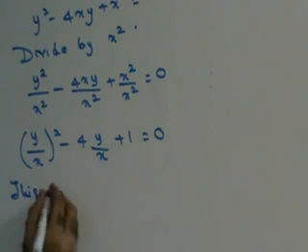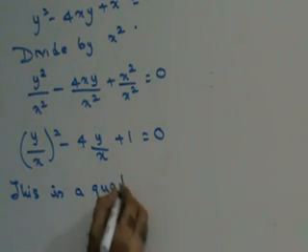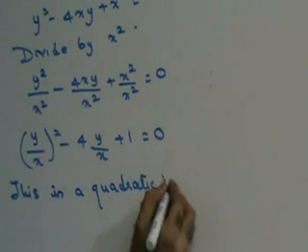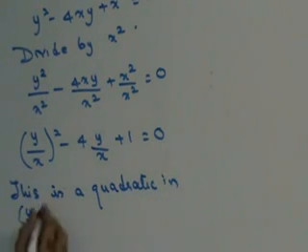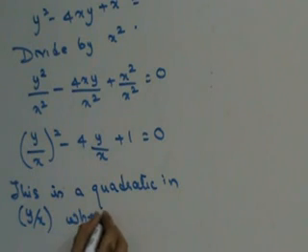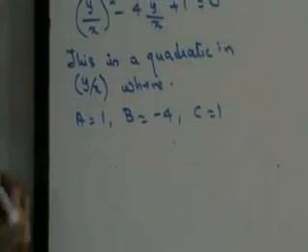This is a quadratic in y upon x, where a is 1, b is minus 4 and c is 1.